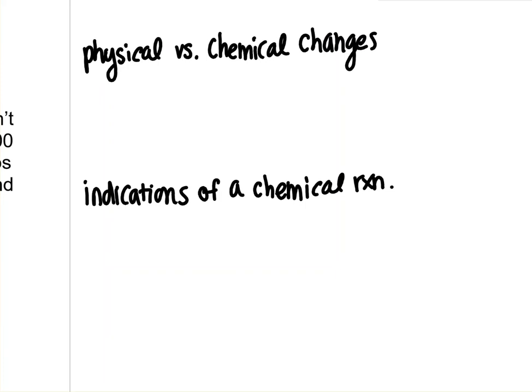So the difference between a chemical change and a physical change is that in a physical change, the substance keeps its identity. And so it's still the same substance. For example, any phase change is a physical change.